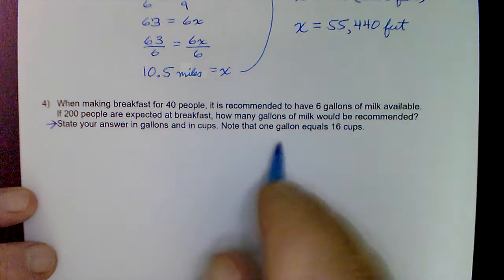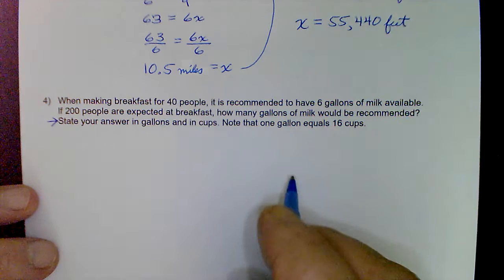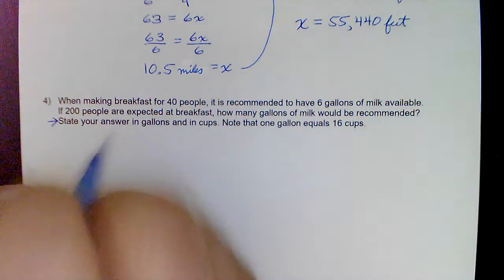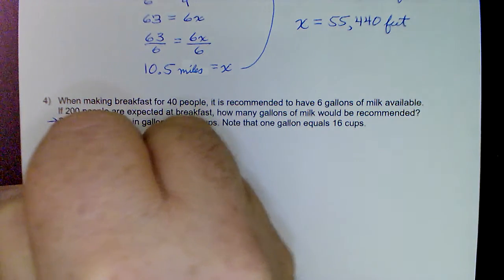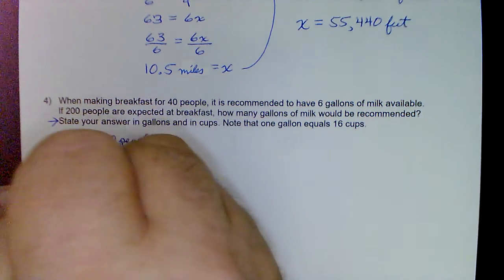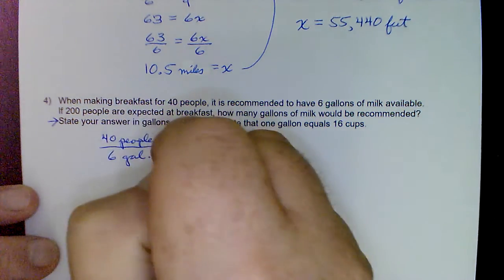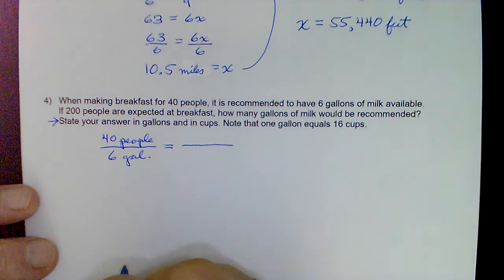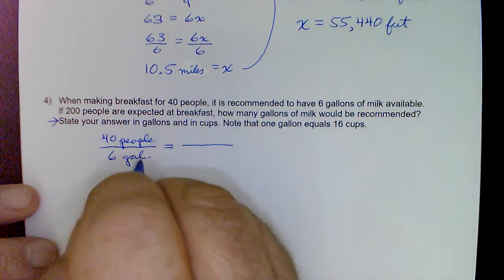You'll never have to memorize any conversions. They will always be given to you. So the primary ratio, for every 40 people, we want 6 gallons of milk, and we expect that there's 200 people. So the question, where does the 200 go?